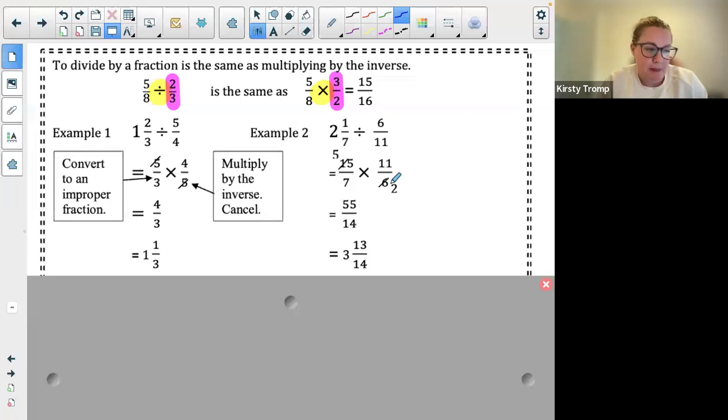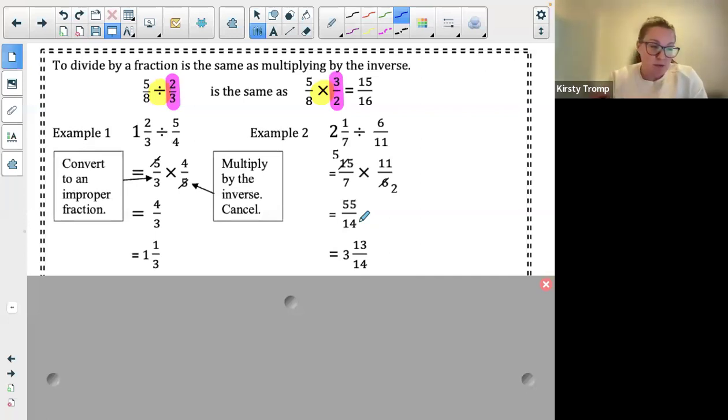Okay. Then what do I do with fractions? When I'm multiplying fractions, I should always try to cross cancel. So what can go into 15 and can also go into 6? Well, they can't go into each other, but 3 can go into both of those. 3 goes into 15 5 times, and 3 goes into 6 twice. 5 times 11 is 55. 7 times 2 is 14.